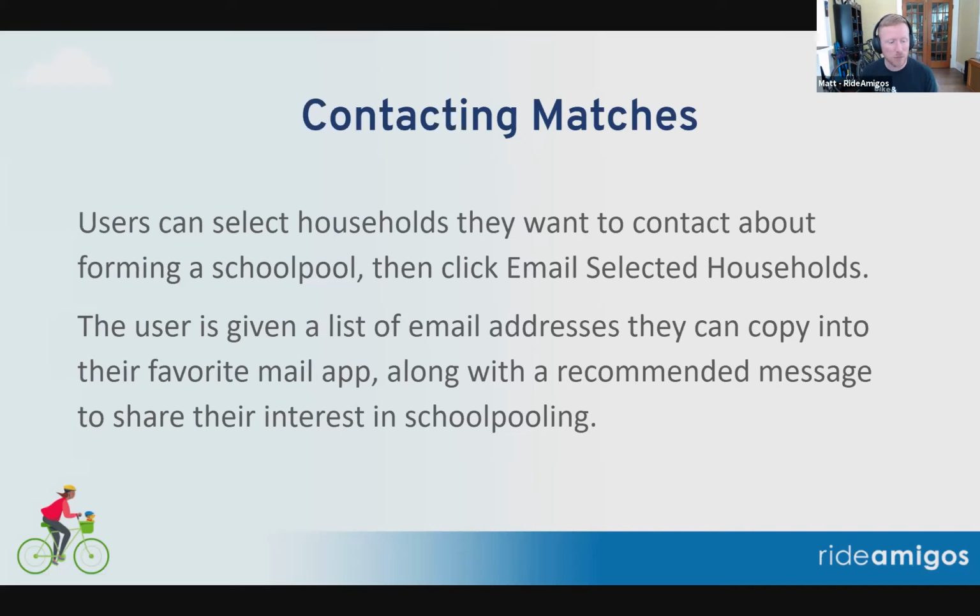We have a little pre-populated message that you can copy and paste in there. But the idea, as with RideAmigos' traditional carpooling tools, is that the best carpool relationships, shared commute relationships, are those that are formed more organically, where you're able to find out the people that are interested in this sort of an activity and then reach out to them with a genuine message of interest and invitation to form this kind of a relationship.